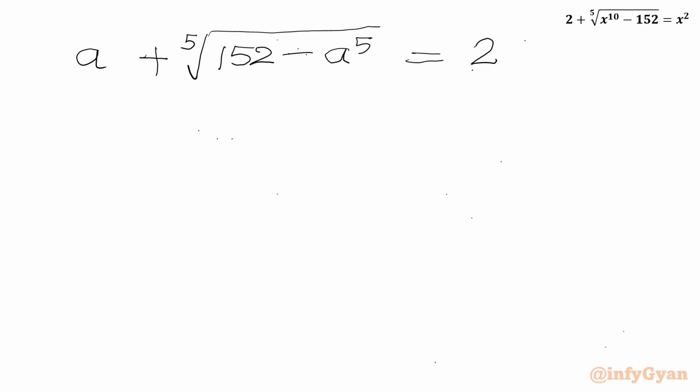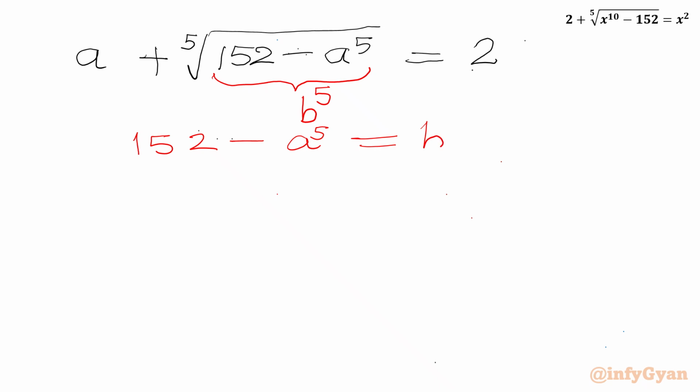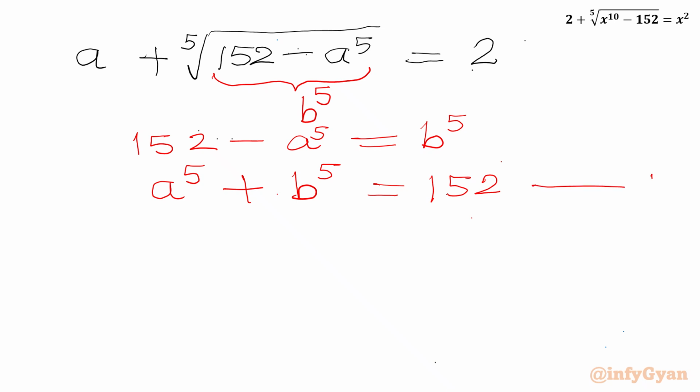Let us say radicand 152 minus a power 5 is equal to b power 5. Let me write here 152 minus a power 5 equal to b power 5, or I can write a power 5 plus b power 5 equal to 152. This is our equation number 1.